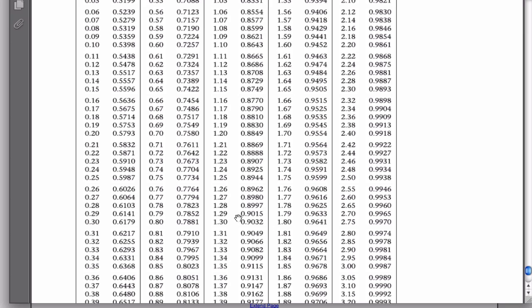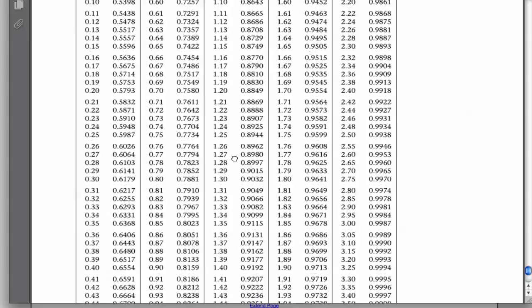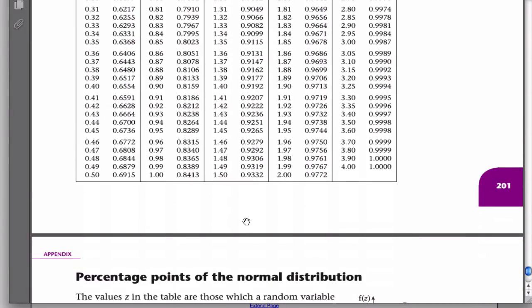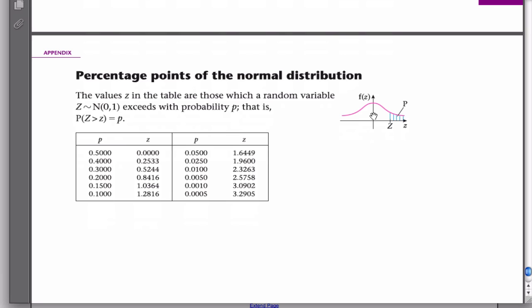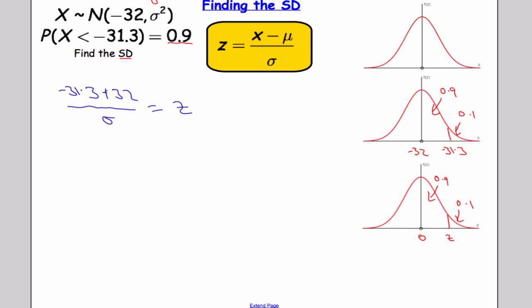So I'm actually going to see if I can find a probability greater than 0.1 and the corresponding z value in the percentage points table. If we look over here to the right of z with a probability of 0.1, that actually does have a particular value, 1.2816. So Z must be 1.2816.